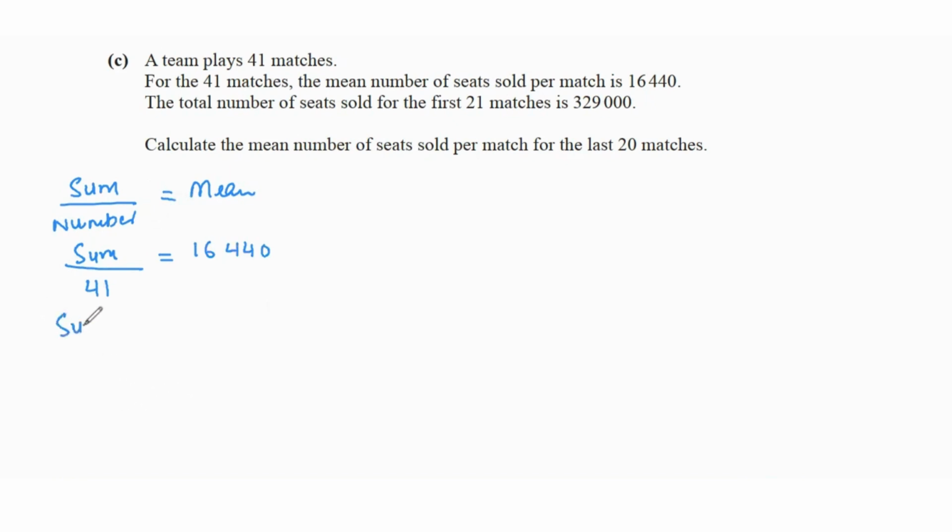So the sum of seats is going to be 16,440 times 41, and that's going to give us 674,000. That is the sum of seats for 41 matches. I want us to calculate the mean number of seats sold per match for the last 20 matches. So let's find the number of seats sold for the last 20 matches.